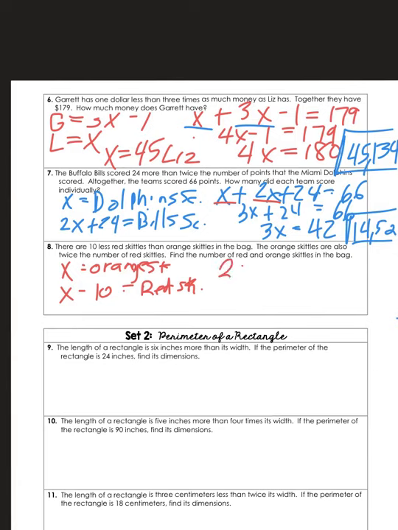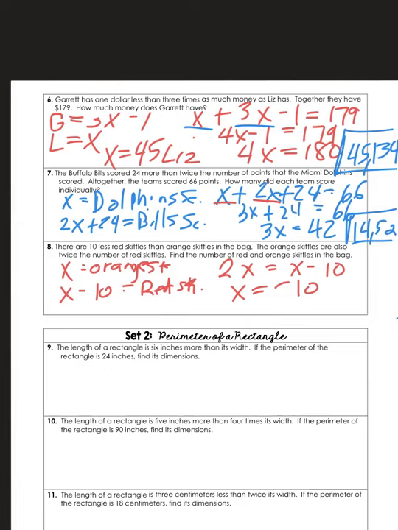So 2x equals x minus 10. All right. Subtract x from both sides. x equals negative 10. This can't be right.